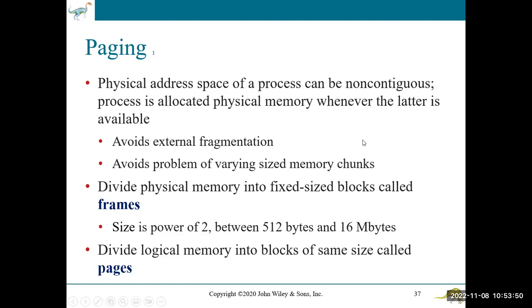So referring back to paging, physical address space of a process can be non-contiguous. Divide physical memory into fixed blocks called frames and pages. If this doesn't ring a bell, you haven't been paying attention for the last 30 minutes because I called this out about 15, 20 minutes ago.